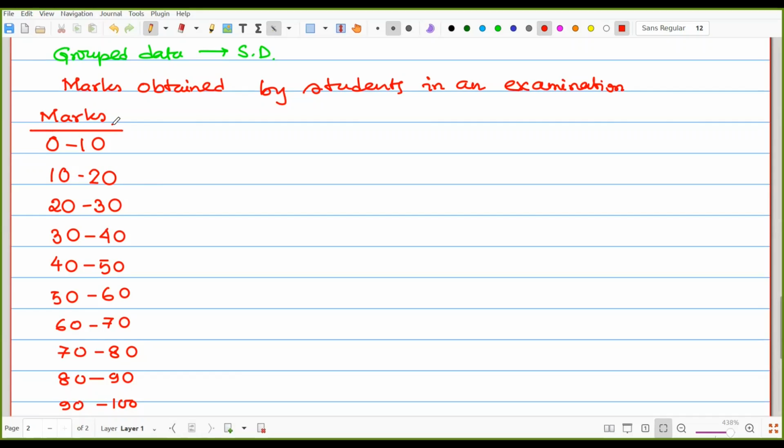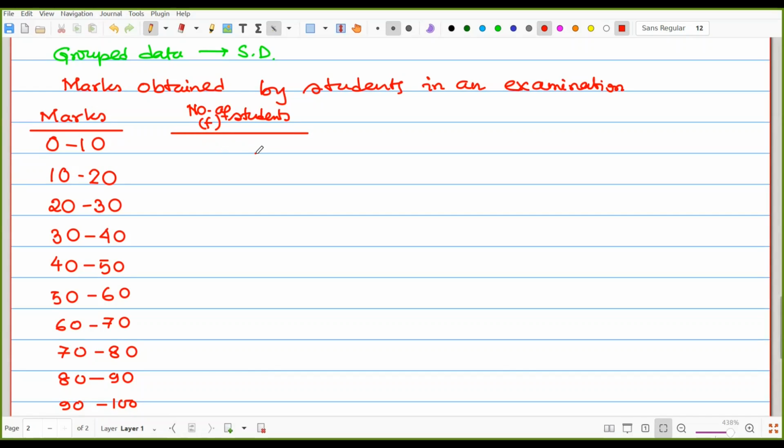So that is our first column and that is according to the question. Now the second one, that is called the number of students. Obviously those are called the frequency.